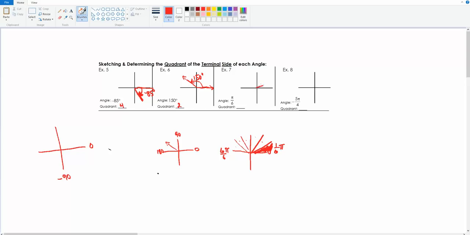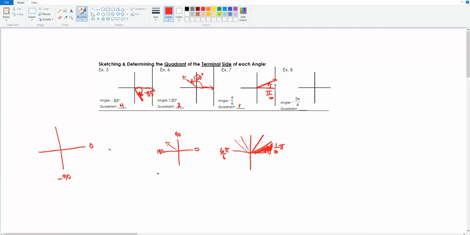So then 1/6 would be here, starting from here. This would be 1/6 pi. Oh no, I'm running into that territory over there. All right, so this angle would be pi over 6, and it would be in quadrant 1.